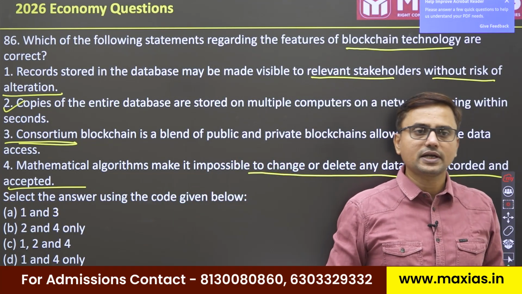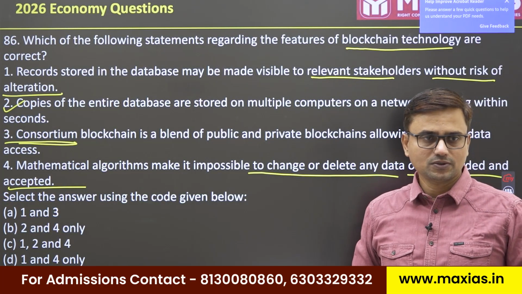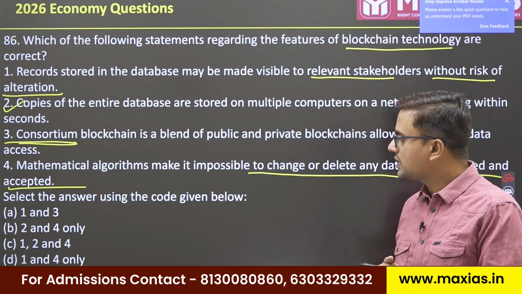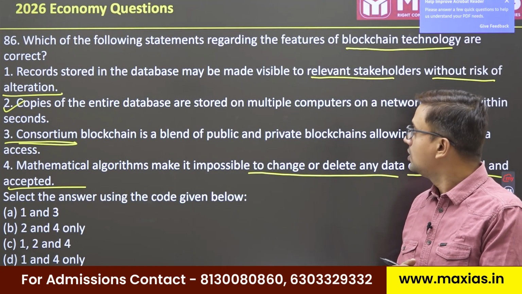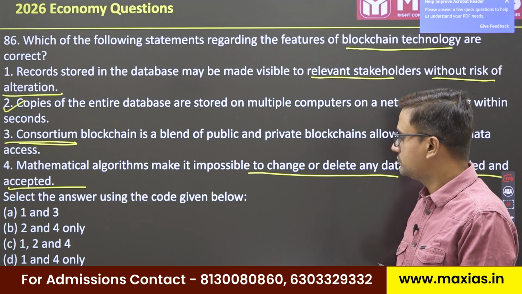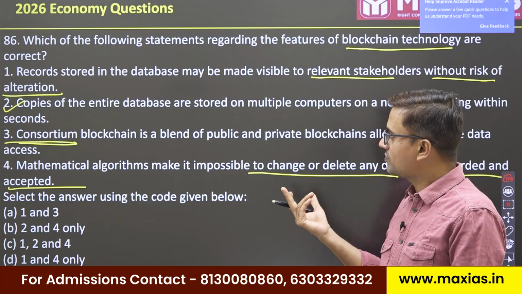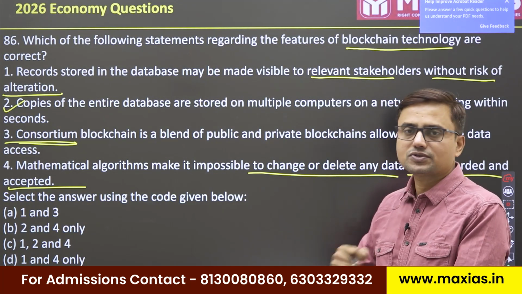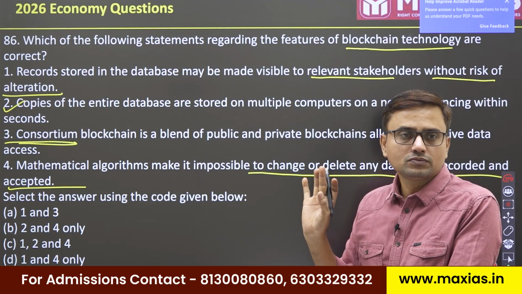Is the statement positive or negative? It's a positive statement, and that is the advantage of blockchain technology. So without knowing what exactly a consortium blockchain is, for us statement 1, statement 2 and statement 4 appear to be correct. Yes or no?